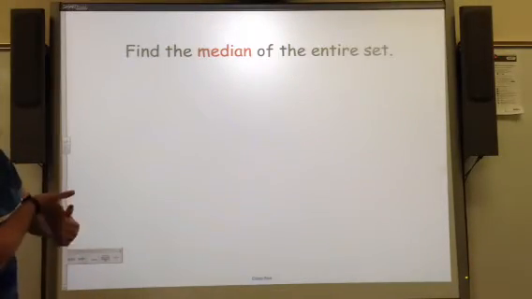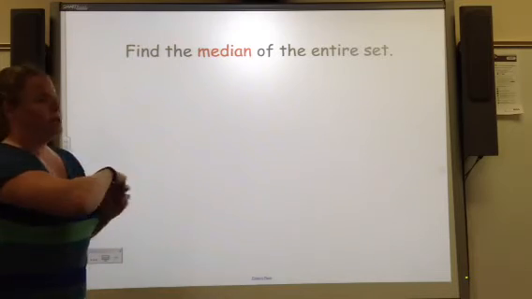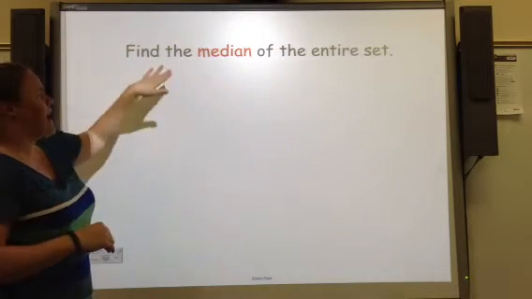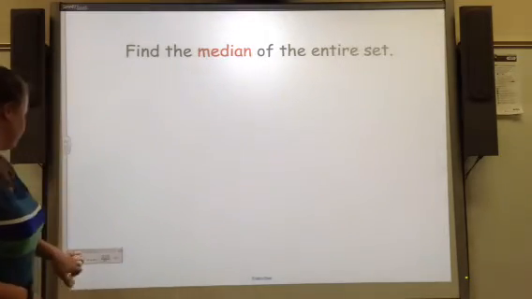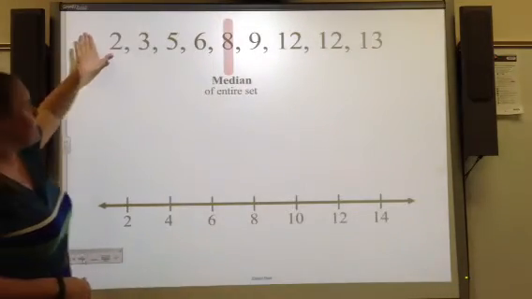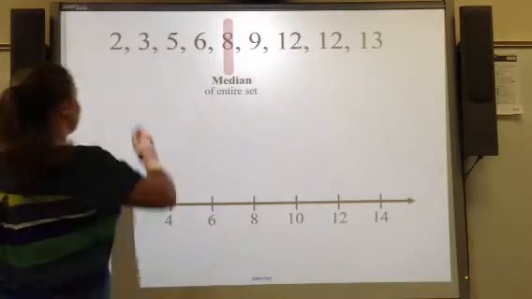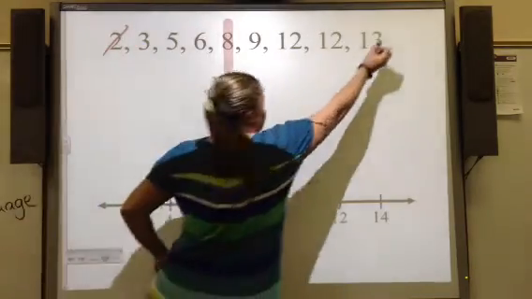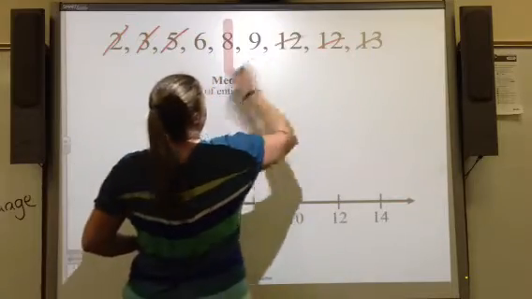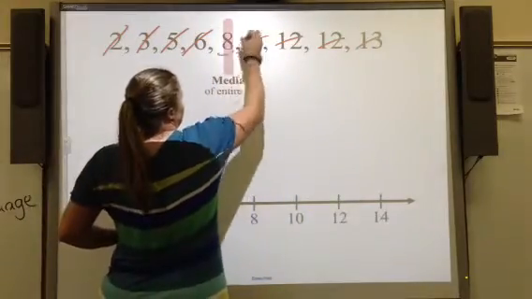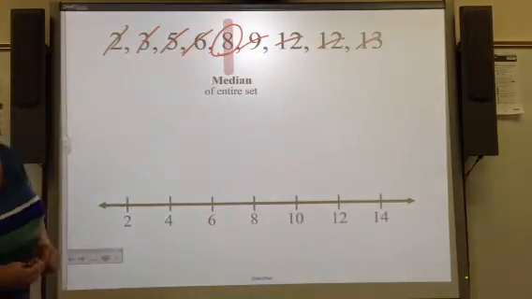The next step on your note side is to find the median of the entire set of data. I've got my data. I go from low to high, low to high, low to high, low to high, and I'm left with 8.